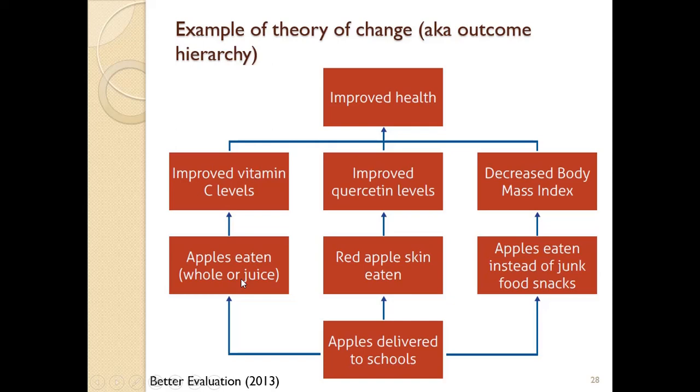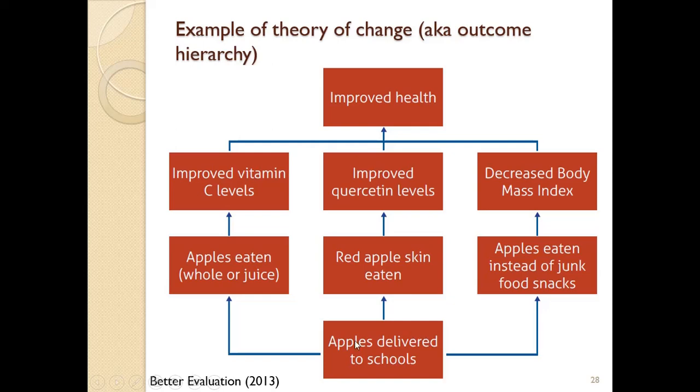Where apples are eaten, they come with vitamin C, and red apples eaten improve quercetin levels. And if apples are used to substitute for junk food, then you have decreased body mass index, and a combination of all those outcomes would lead to improved health.